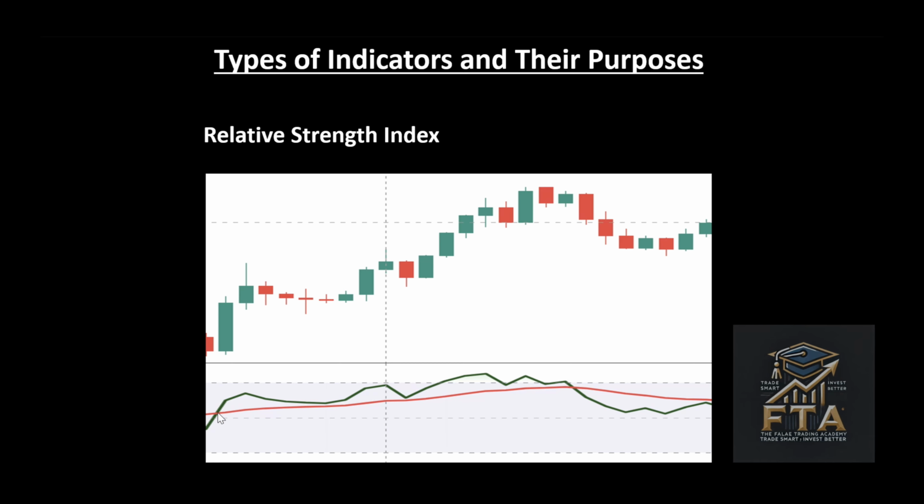So the green crossing the red and staying above the red is a sign that price is moving up, bullish. And the red crossing the green, with the red being above the green, is a potential sell signal. So these show you potential turning points in the market. Sometimes these turning points lead to trends. Sometimes they're actually fake outs and price immediately reverses in the opposite direction. So as always, indicators are guides to help you make the right trading decision. So you don't just follow indicators blindly.